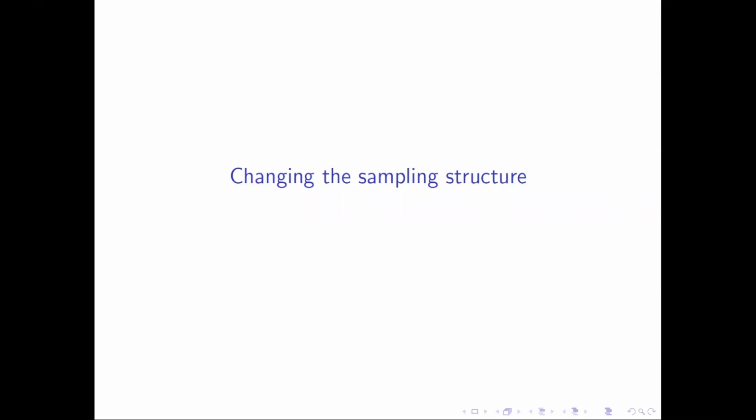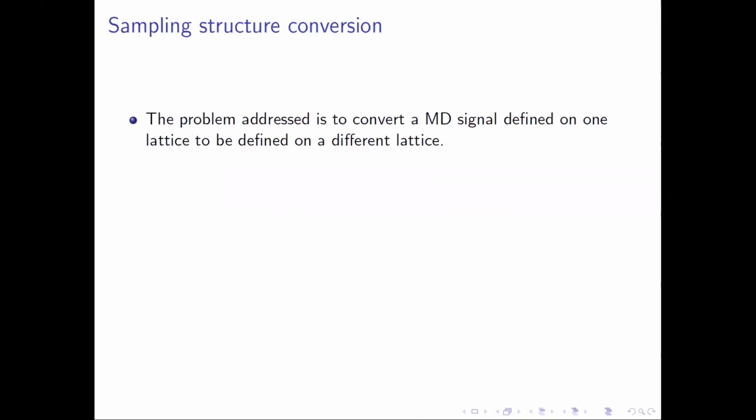Chapter 11 is entitled Changing the Sampling Structure of an Image, but in fact it applies to any multidimensional signal defined on a lattice. The problem addressed in this chapter is to convert a signal defined on one lattice to be sampled on a different lattice.